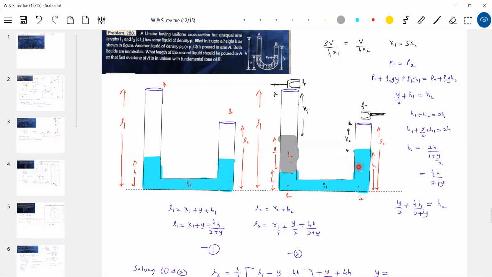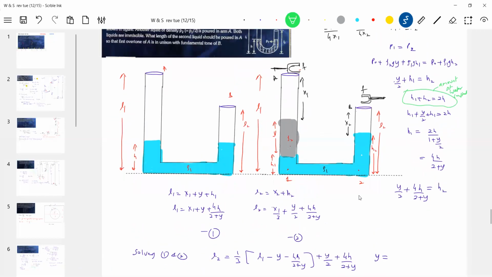h1 plus h2 should be equal to 2h. Okay, sir. The amount of water remains the same. I'll write that also again. Here we'll get h1 is equal to h minus y by 4, sir.